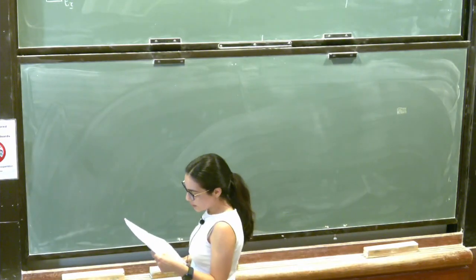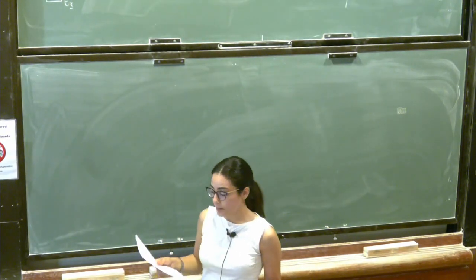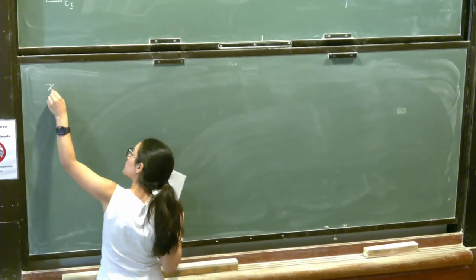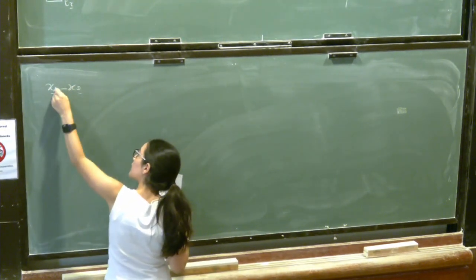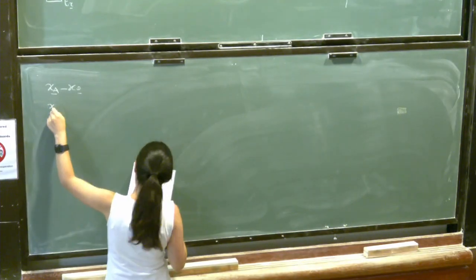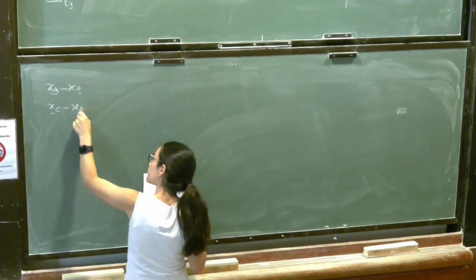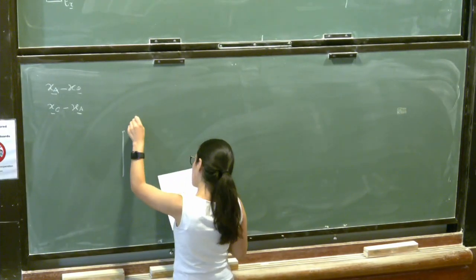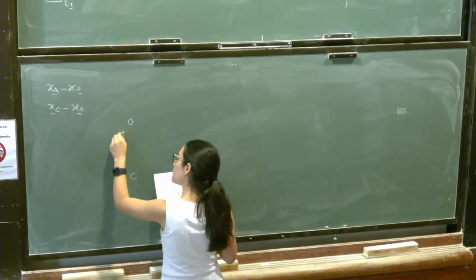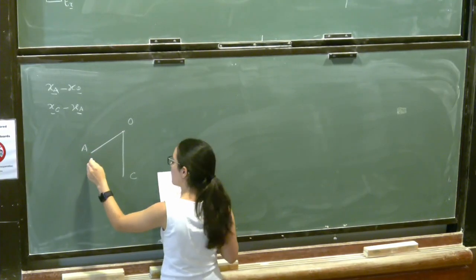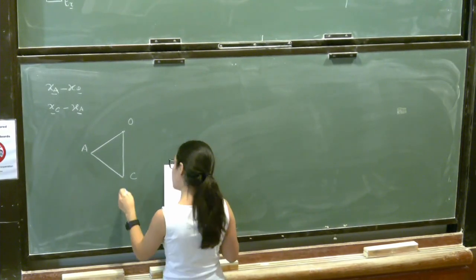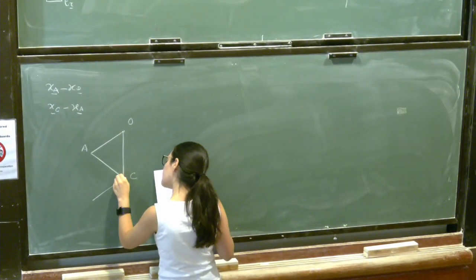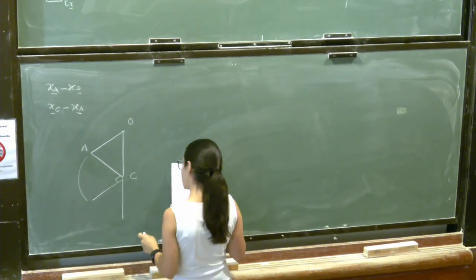Okay. So now we're going to have to go to geometry to find XA minus XO and XC minus XA. So for this, I need your help. What do you think we should do? O, C, O, A, C, this is 90 degrees, and this is theta over 2.